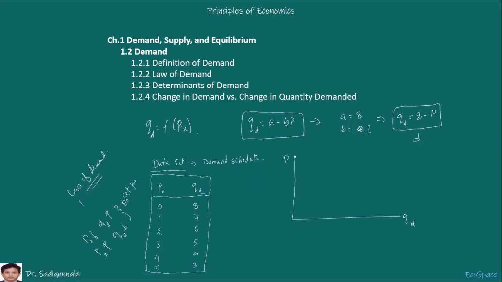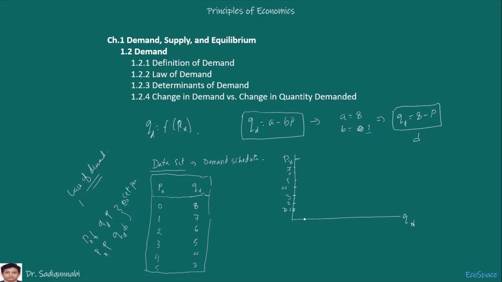Suppose we have 8 here, and 4, 3, 2, 1. When price is 5, what is the demand? 3.